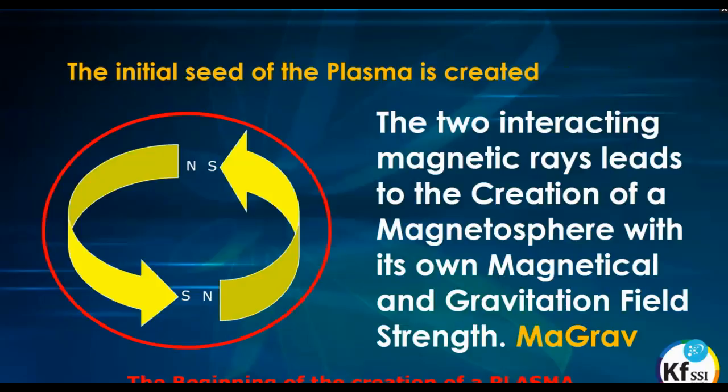And when you have the two interacting magnetic rays, it leads to the creation of a magnetosphere with its own magnetical and gravitational field strength. So that tiny little entity now has its own magnetical gravitational strength from the combination of the two, creating a new strength.